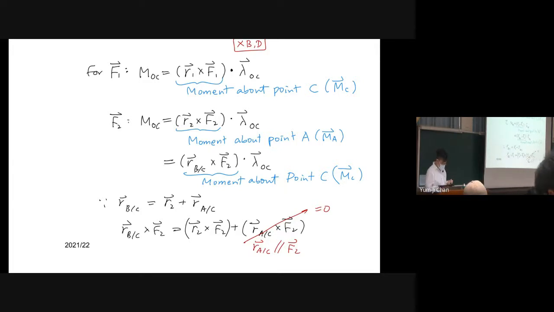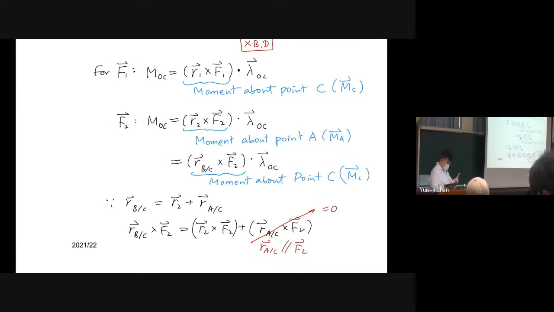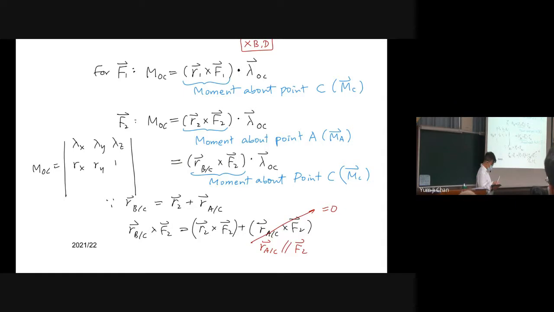Oh, by the way, and one last point. If we want to work it out, doing the mathematics and calculating the value, M_OC is equal to the determinant of lambda x, lambda y, lambda z, Rx, Ry, Rz, and Fx, Fy, Fz.